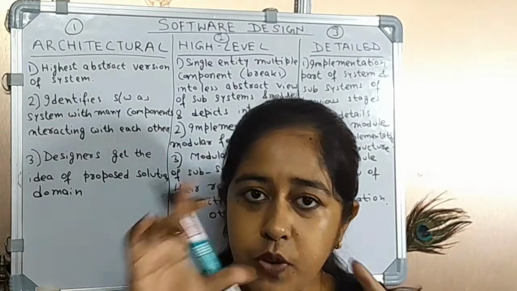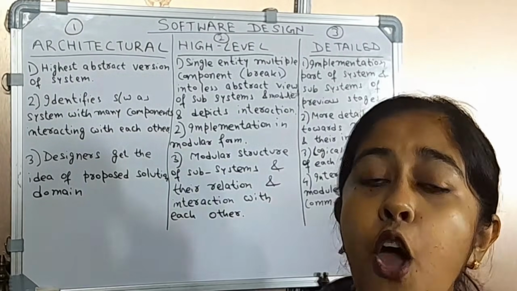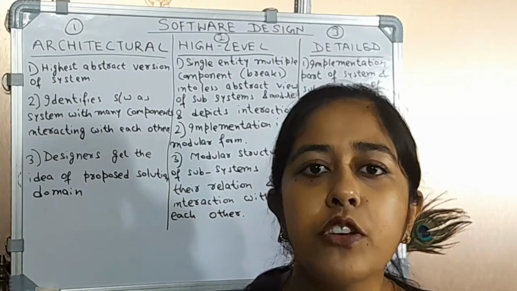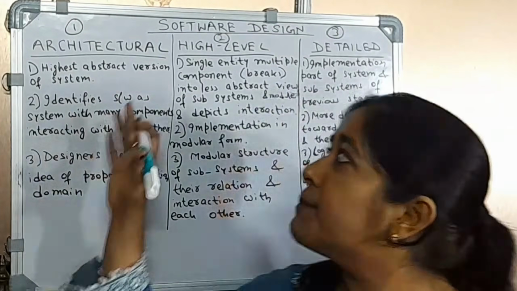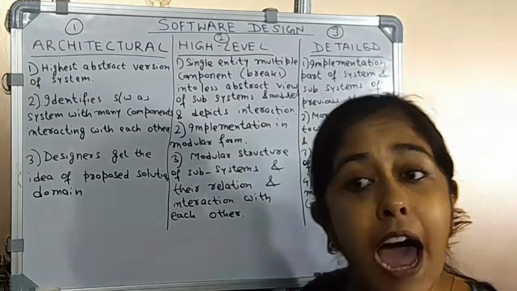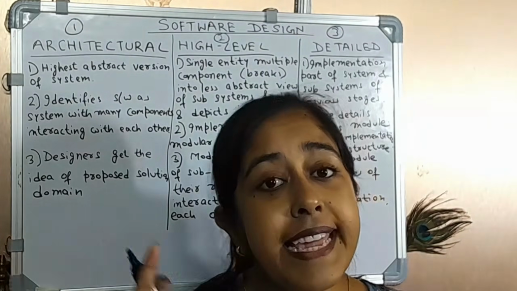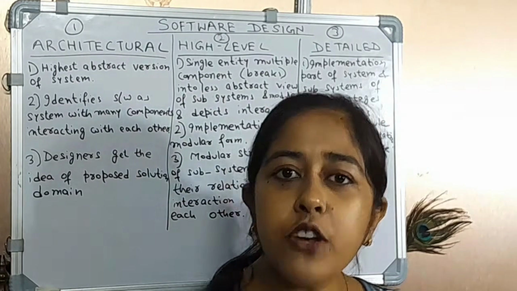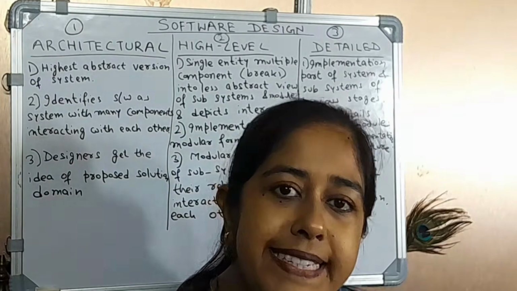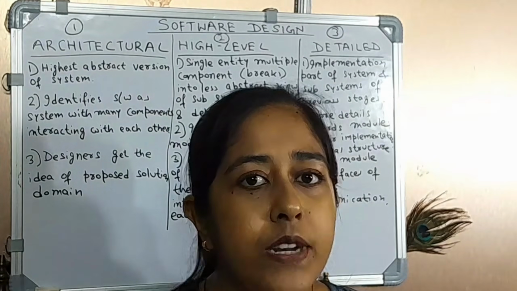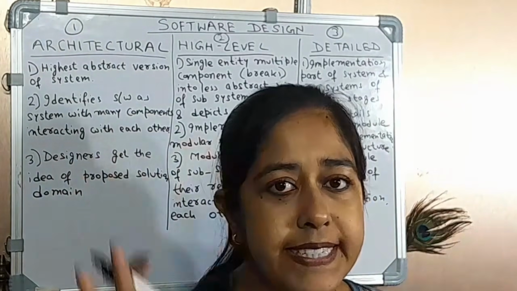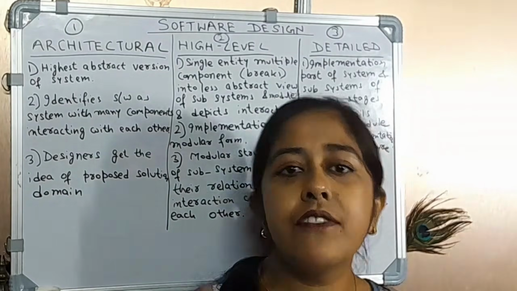In the designing phase, you are going to make the whole design of how we are going to implement our software. The output of this phase, software design, we will see today what is happening inside that one. So the output of this phase is going to be the input for your coding phase. That is what we do in the coding phase: how you are going to make the whole system. In this phase we make the whole architecture, the whole design of how we are going to make our system.